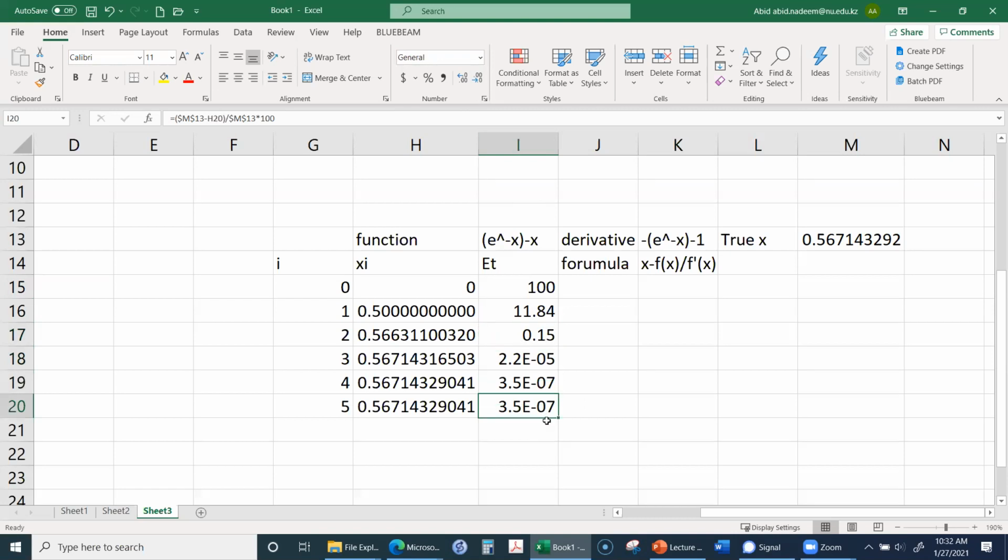What we can see here is that for our general purposes, this much true error is acceptable. The solution is converging very rapidly by this method.